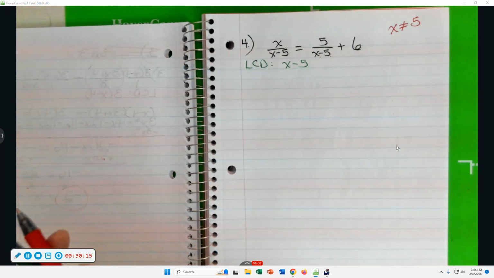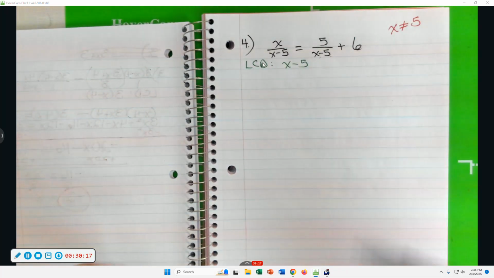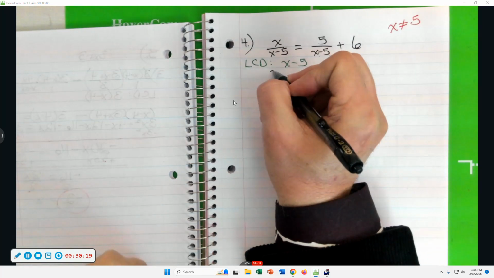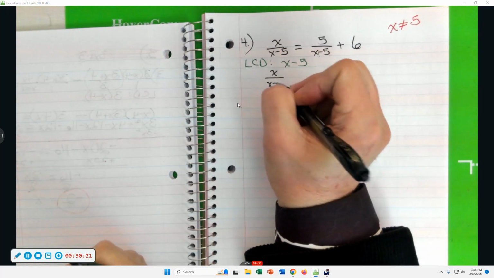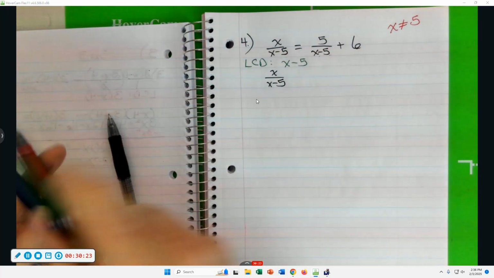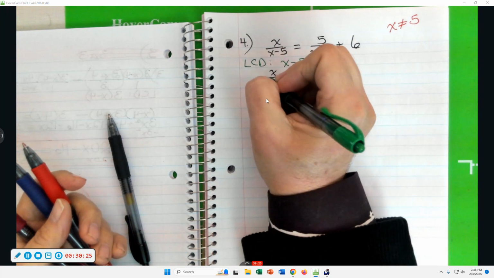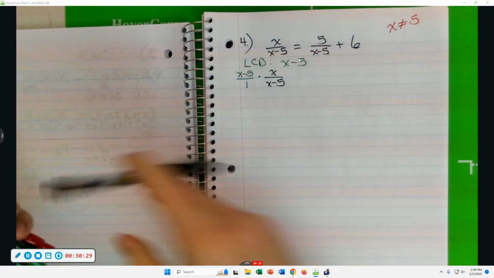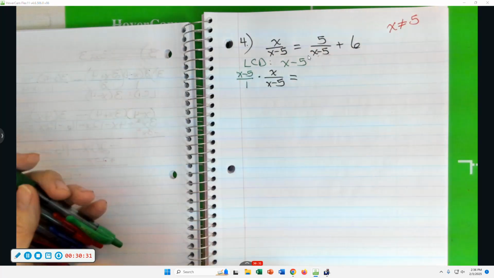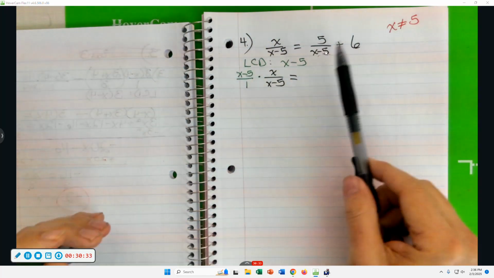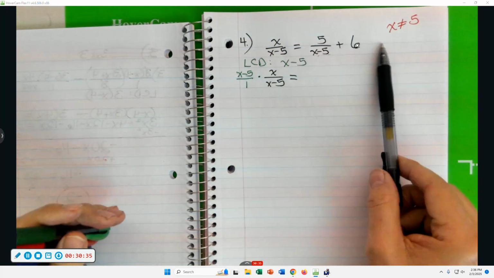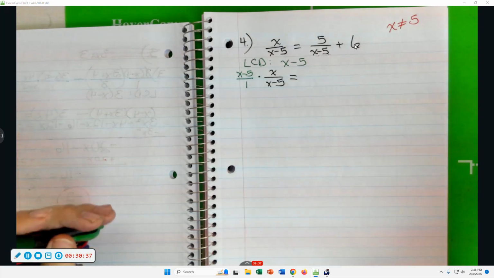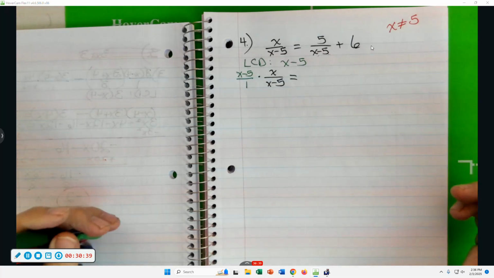Now here goes. We're going to multiply 3 by x minus 5, and I'm going to write it. We'll multiply the first term by x minus 5 over 1 equals, how many terms do we have on the right? How many times are we going to have to multiply by x minus 5 on the right-hand side of the equal sign? 2.